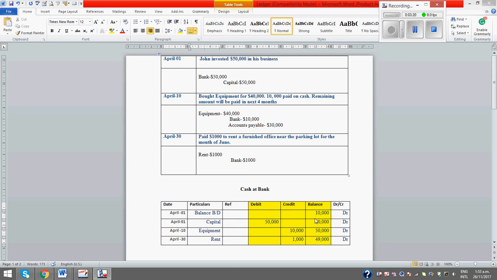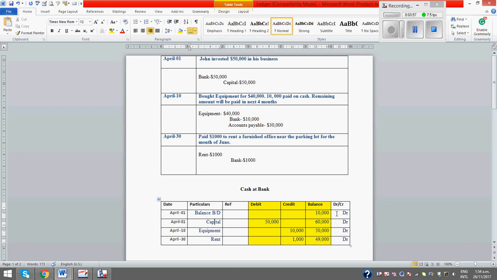So you can see the balance. You need to do the balance immediately, as soon as you enter capital $50,000 under debit. Your balance before was debit $10,000, so your business had $10,000 in their bank account.